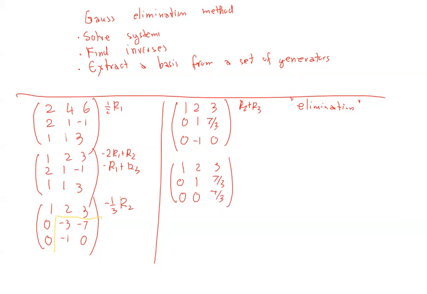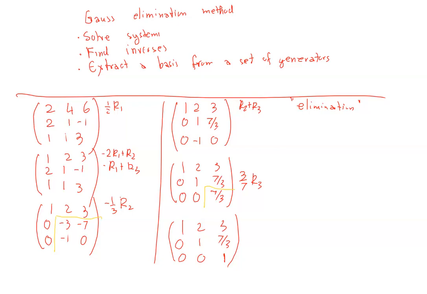And now I'm done with second row, second column. So what part am I working with here? All I need to do is make this pivotal. So I make this pivotal, 3/7 row 3. And that gives me 1, 2, 3, 0, 1, 7/3, 0, 0, 1. Okay, and that's it. Now, had you used a different row operation at the second step, you could have had another row echelon form.